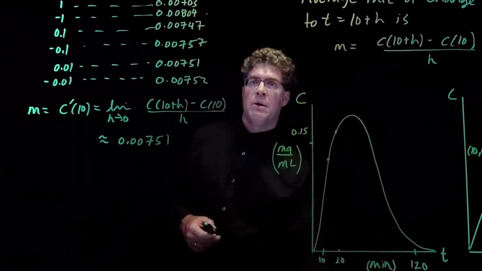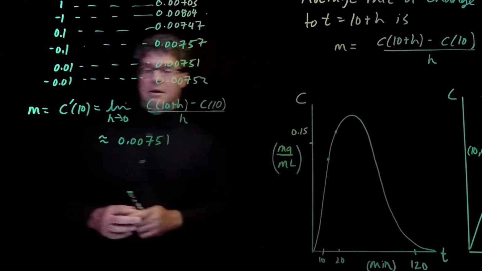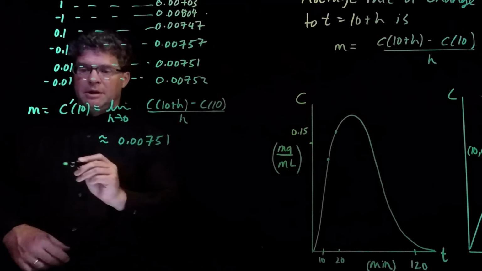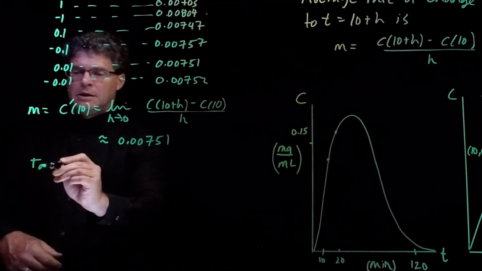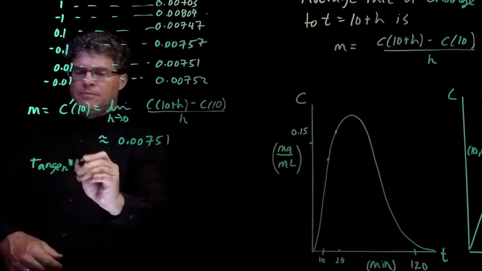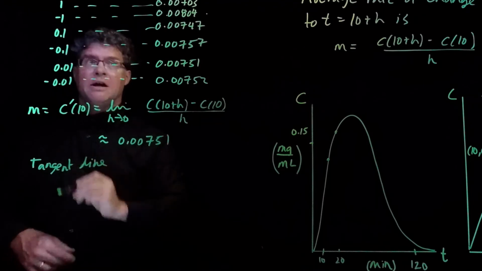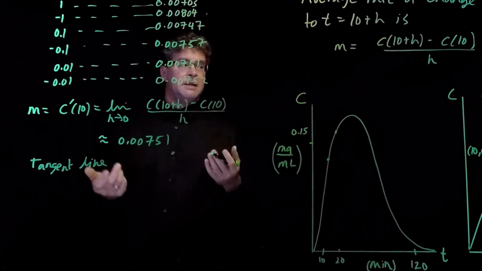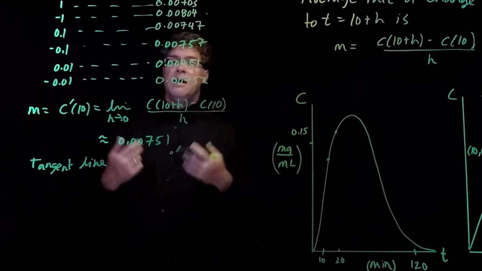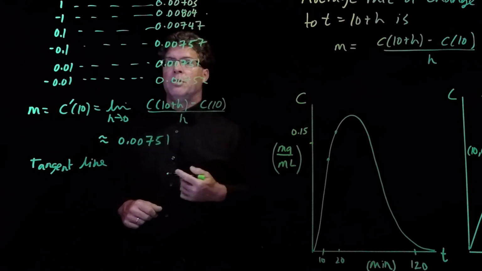And so if we want to put this in the tangent line formulation, we write that the tangent line is a line going through (10, C10), and it has this given slope.